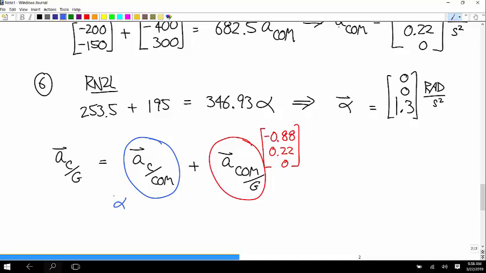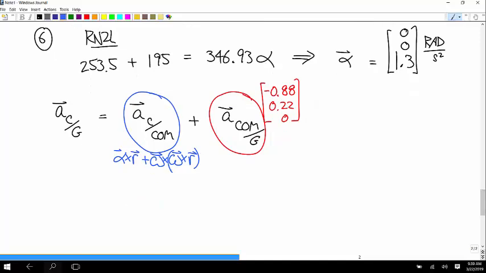This one is alpha cross r plus omega cross quantity omega cross r. So the acceleration of C relative to the center of mass, at B. Okay, thank you.